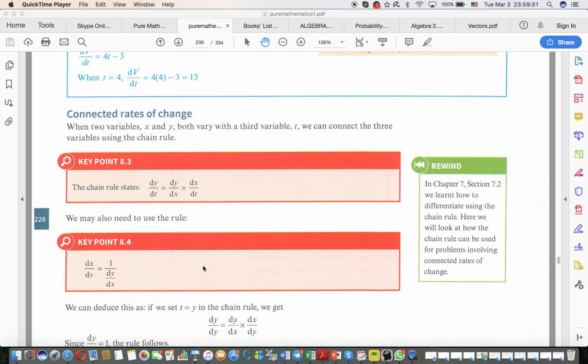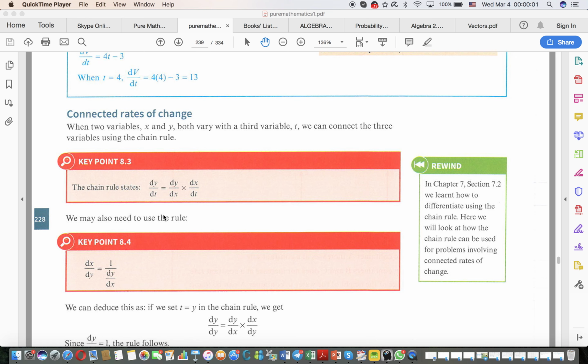Now, next topic. It says when two variables x and y both vary when a third variable t is changing. Here we should implement the chain rule, because x and y are connected with each other, and x is changing as time is changing, y is changing as time is changing.